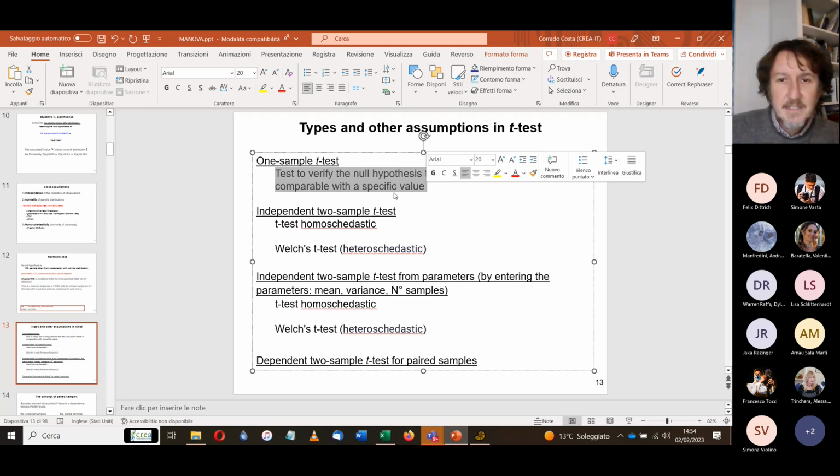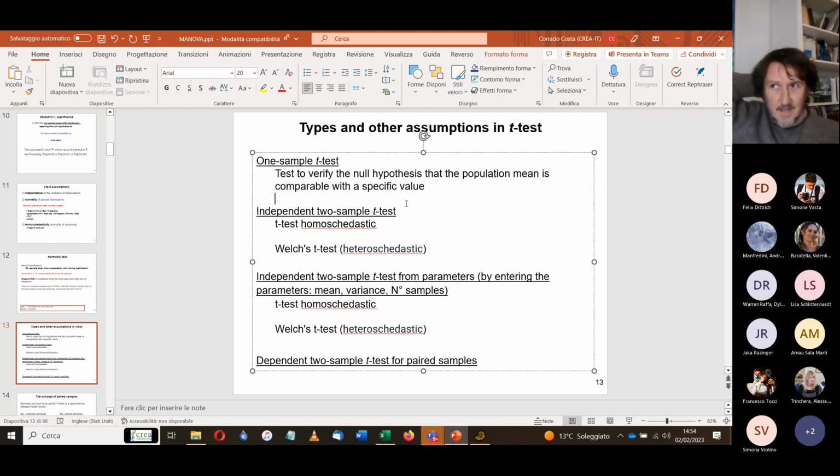If the national milk production is, I don't know, 100 liters, I say a number, just a number, I would like to know if my production of milk is comparable with the mean Italian production. I compare the distribution of my cows with the single value of the Italian production, so that 100.